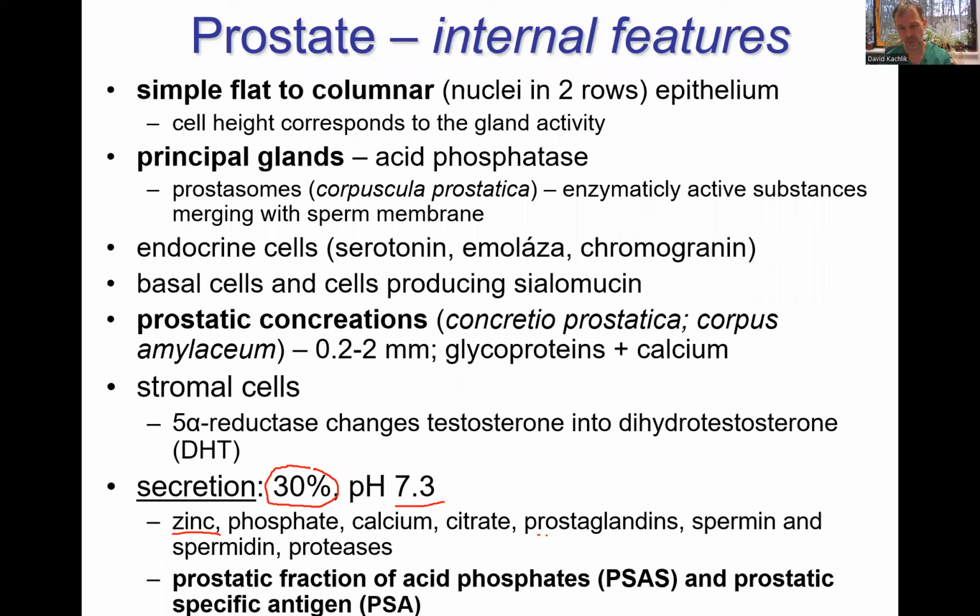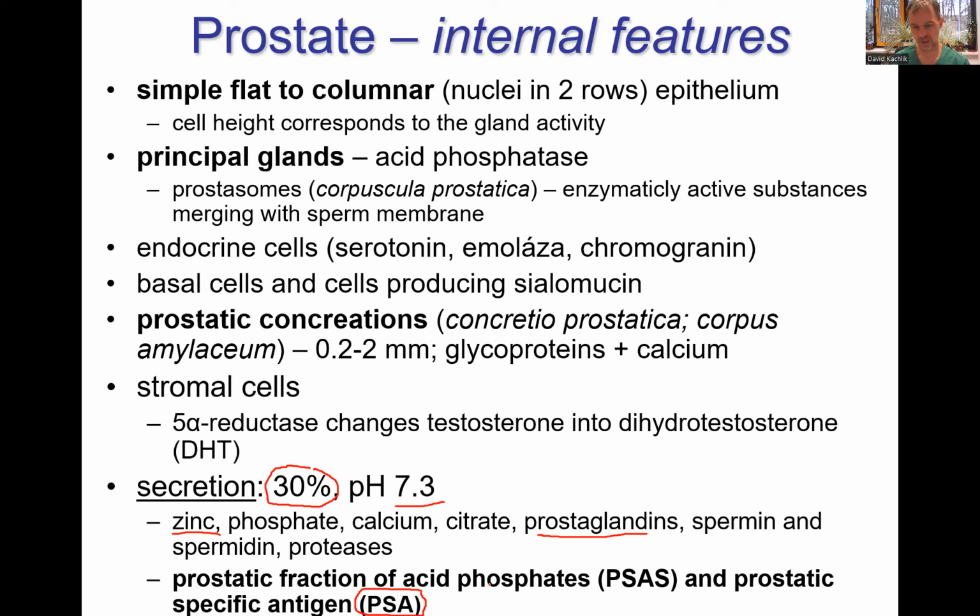It also produces prostaglandins and some other components. But the most important components for us will be prostatic specific antigen on the surface, which also binds to the surface and stops the acrosomal reaction, and acidic phosphatase.